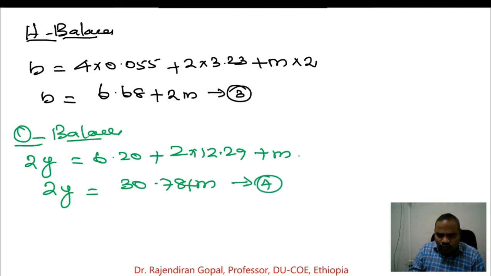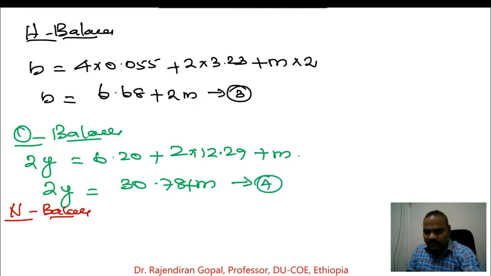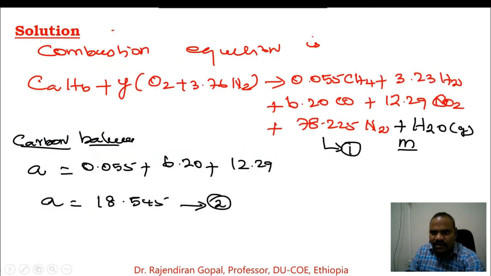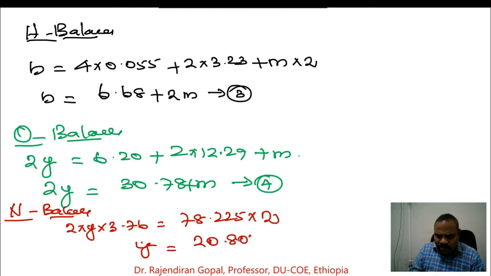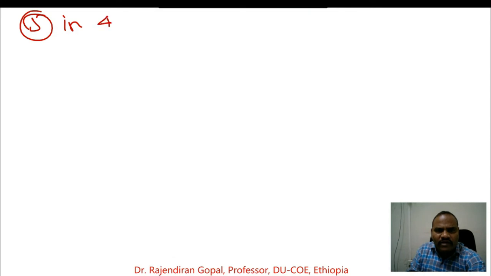This is equation 4. Now when you are making an N balance, 2 into Y multiplied by 3.76 is equal to 78.225 multiplied by 2. We get Y is equal to 20.80. This is equation 5. Now apply 5 in equation 4.